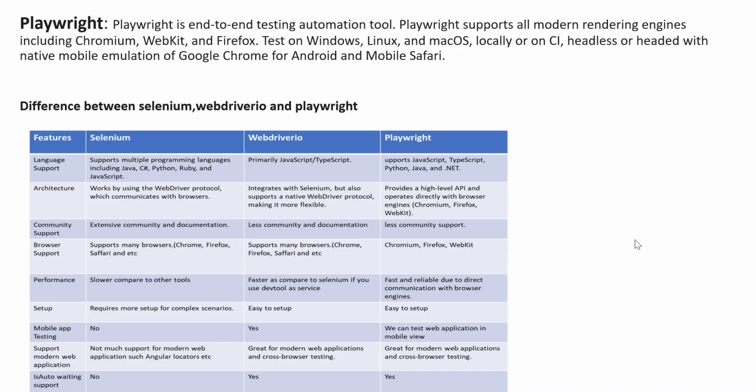No intermediate drivers are required, since the Playwright API is directly connected to the engines, such as Chrome engines. So we need no intermediate drivers, which is one of the advantages of Playwright.